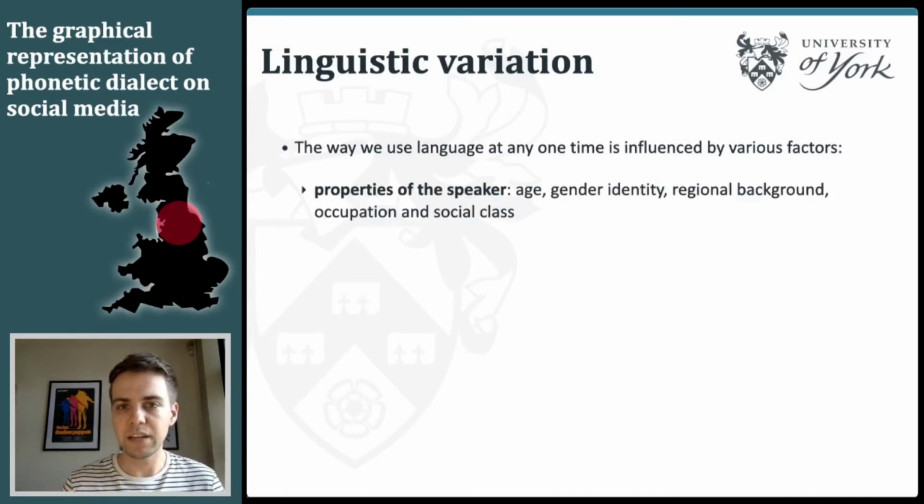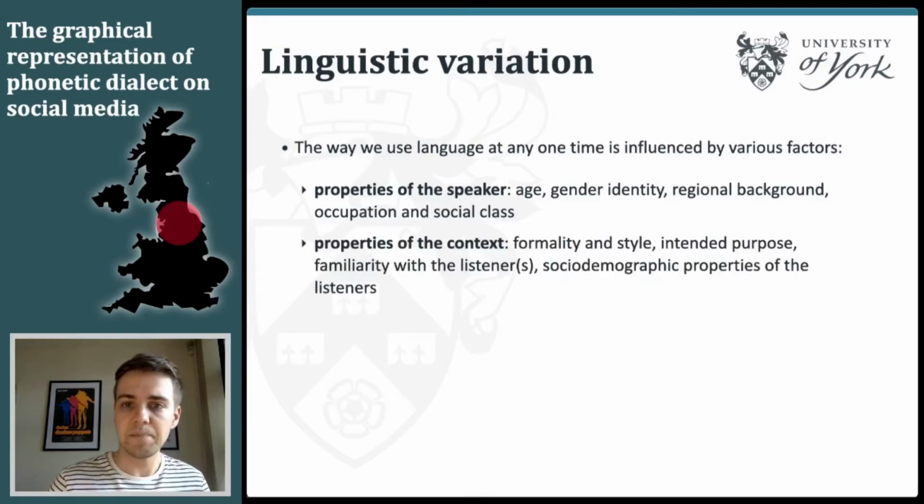So there are lots of different factors that can influence it, things like the age, the gender identity, the regional background of the speaker, maybe their occupation and social class. But also properties of the wider context, maybe the formality and style, the purpose of what it is you're saying, how familiar you are with the people you're talking to, and also the same kinds of properties of the listener.